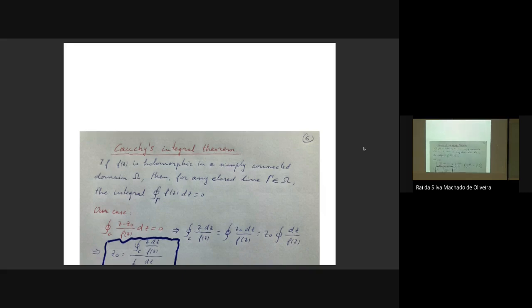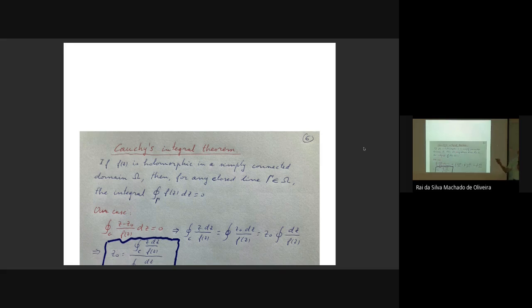Well, this is what will appear in the theorem that I mentioned yesterday, Cauchy's integral theorem in the complex field, that says that if we have a function that is holomorphic in a simply connected domain, we already know what it means. That means that the domain has no holes and the function is very nice. No peaks, completely nice. So the theorem says that for any closed line in the domain, this integral is 0.